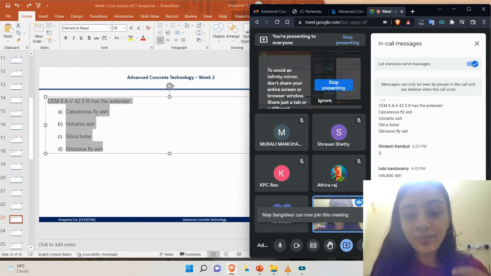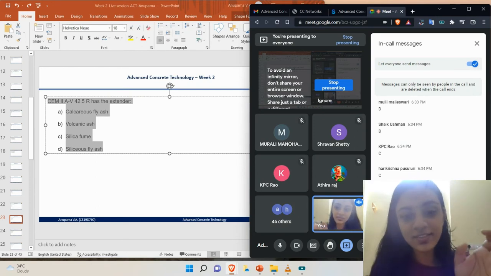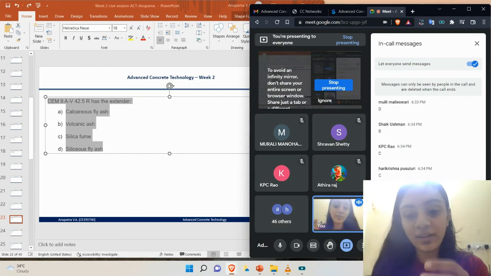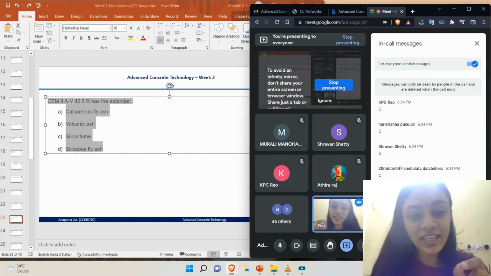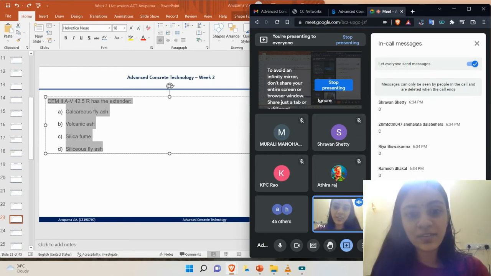Here, the type of extender can be found from the alphabet after SEM2A or SEM1A or SEM3B. Here that alphabet is V. So V corresponds to a particular extender. What is that extender? There are different types like quartz, limestone, volcanic ash, fly ash, silica fume. So what exactly is V?